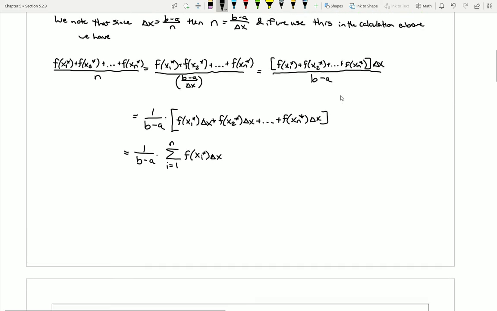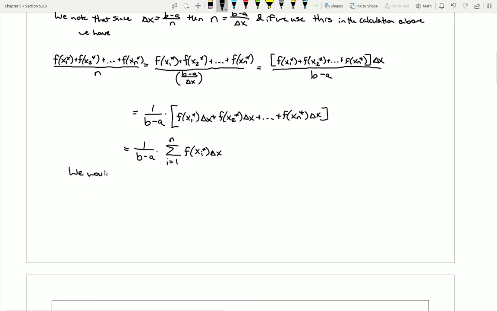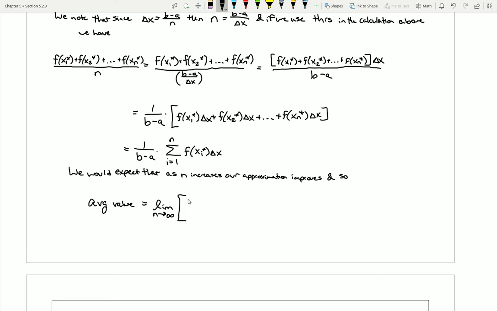So we would expect then the following. We would expect that as n increases, our approximation improves, and so we would state that the average value for the function would be equivalent to, how about we take a limit and we apply it to everything that we had in this average value calculation.